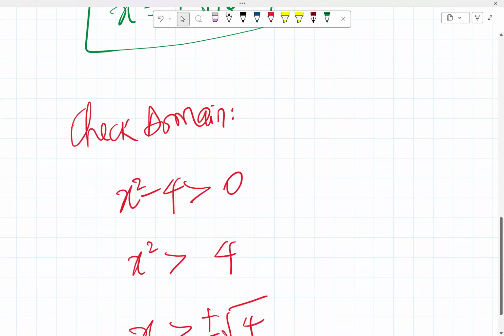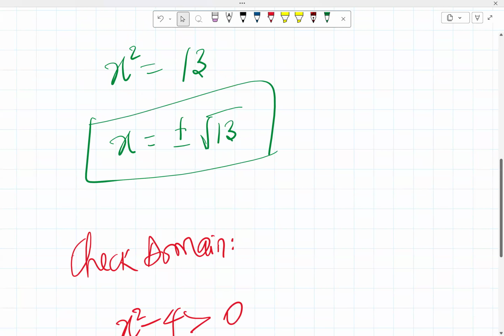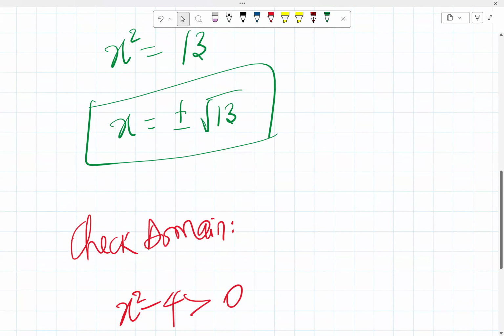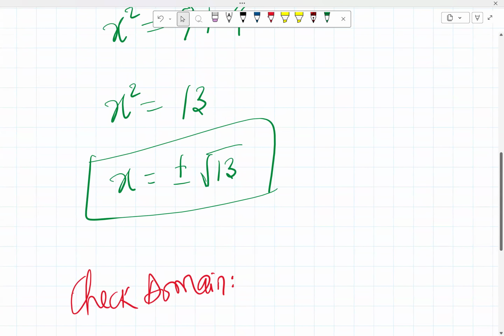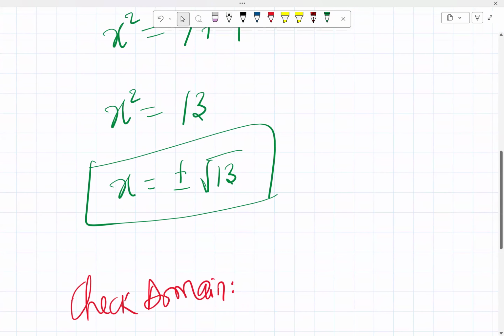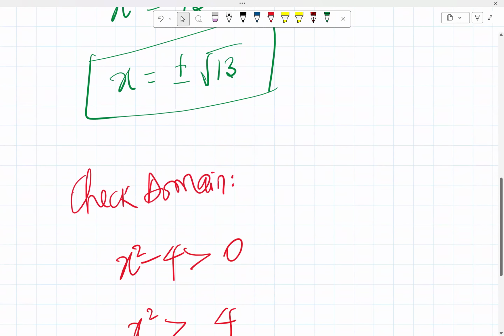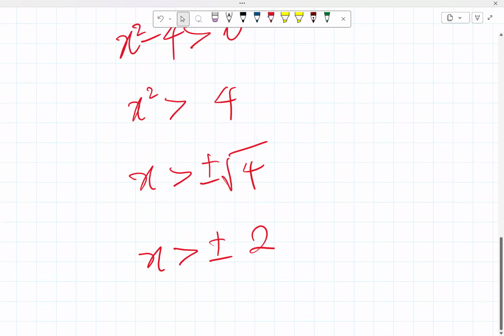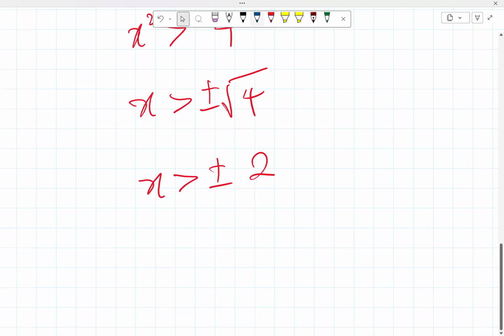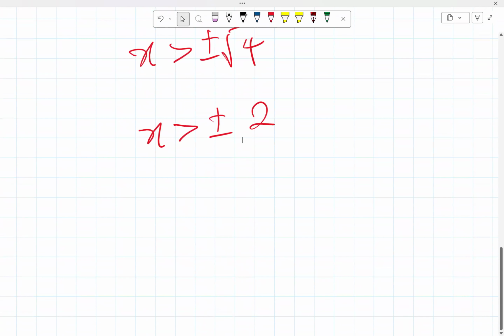So what do we have? Originally we have x to be plus or minus root 13. Clearly, root 13 is something like 3 point something. I think we need to do a proper comparison.